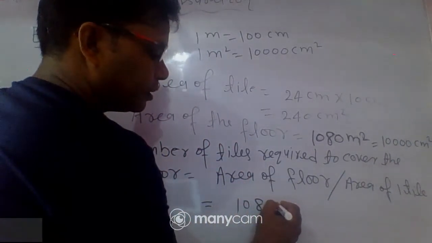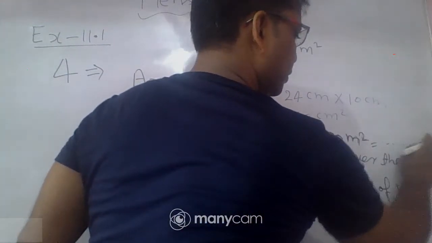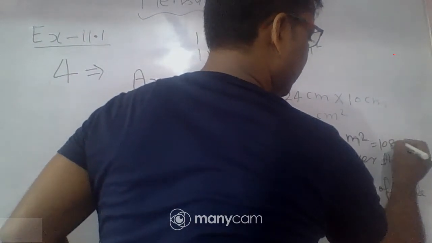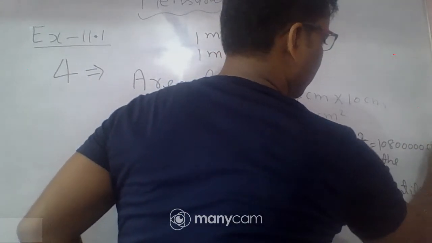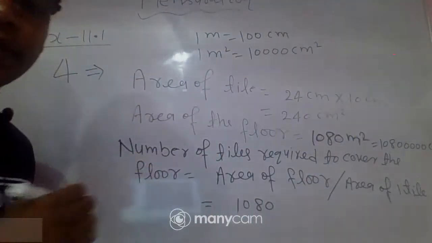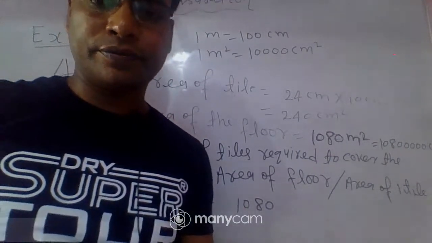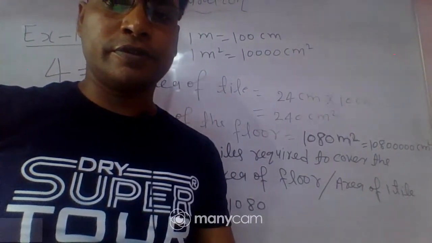Clear? So here the given area of the floor is 1080 times 10,000 centimeter square. Okay, this becomes the area.